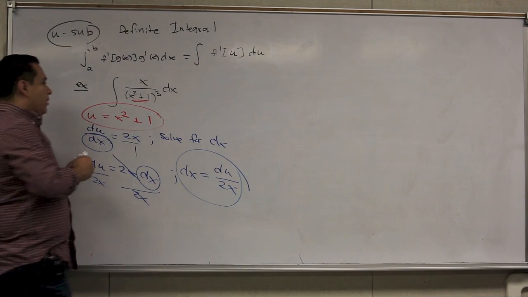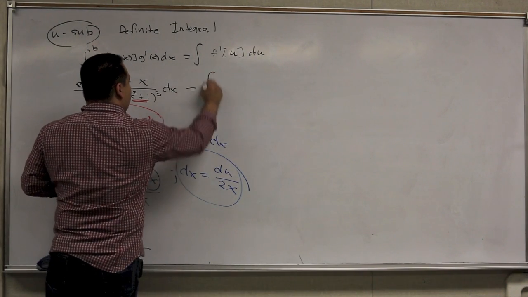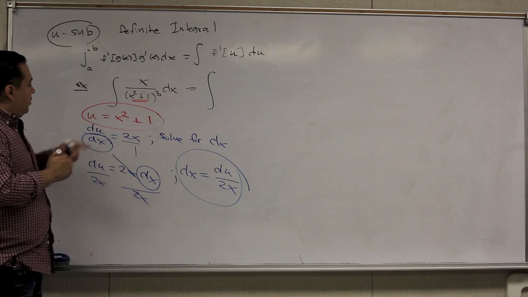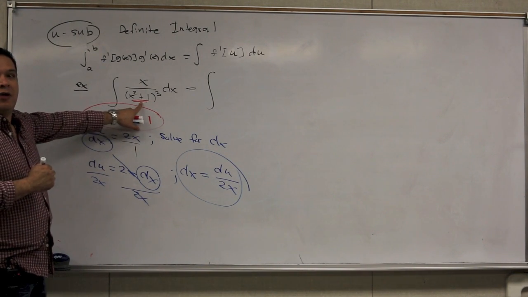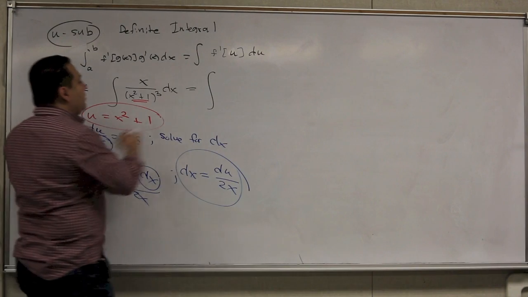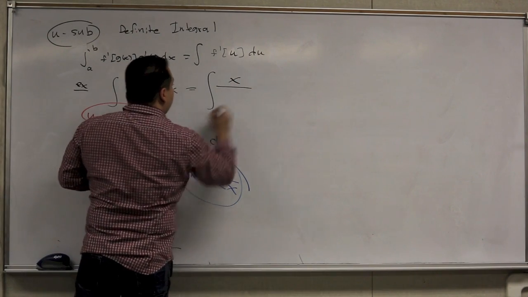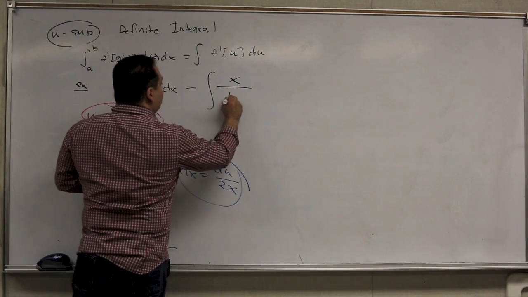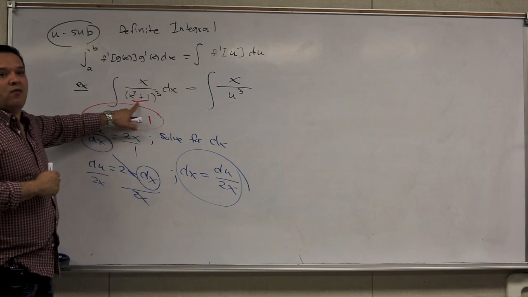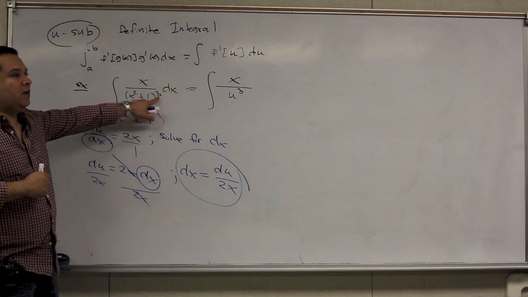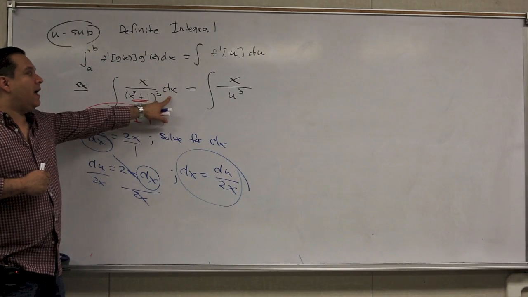Now your integral is going to become, you let u be x squared plus 1, so this is going to be u cubed. I still have this x up here, but now I have u cubed. This is the purpose of letting u be x squared plus 1. Don't forget it's being cubed. But then what is my dx?